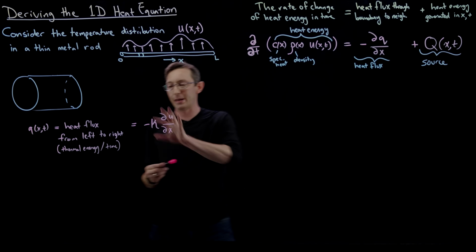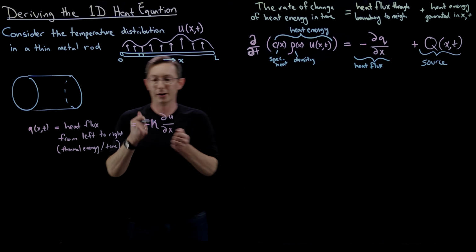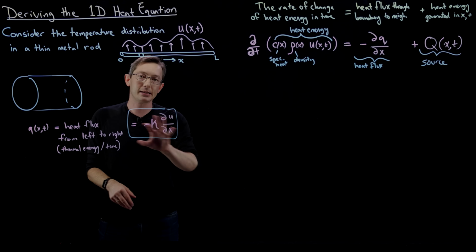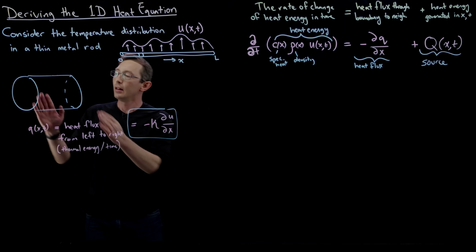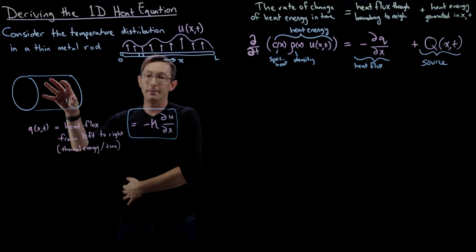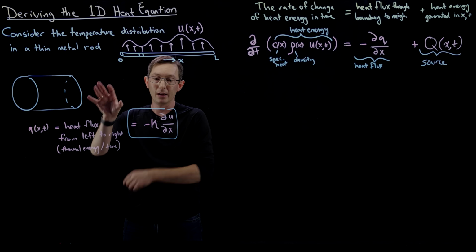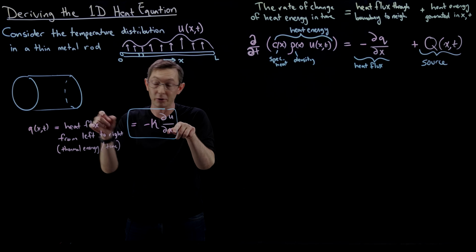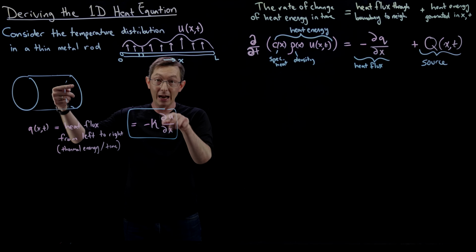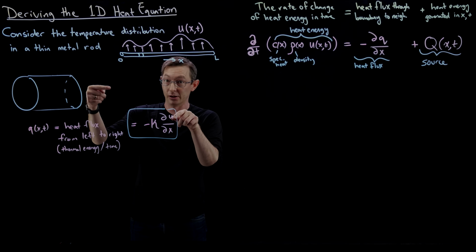Okay, so I'll come back to this in a minute. So this is what it actually equals. And this is kind of intuitive. This fits our intuition that if I have two little segments next to each other, one that's very hot and one that's very cold, so that there is a gradient of the temperature in space. This is partial u partial x, meaning there is a change of temperature in the x direction.